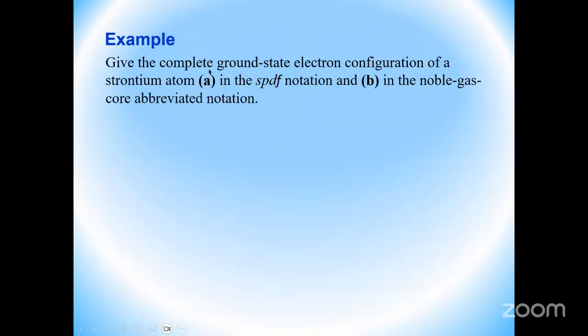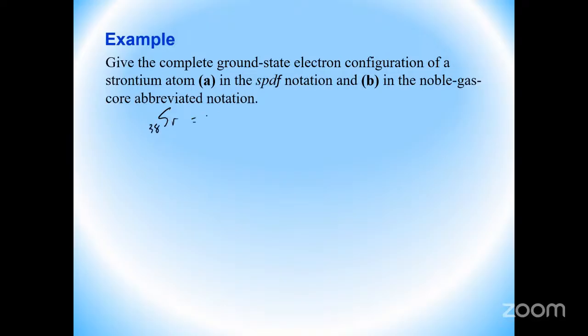So this question is asking, give the complete ground state configuration for strontium. And you're going to do it in two forms, in the SPDF notation and in the noble gas core abbreviated notation. So again, you consult the periodic table and you look for strontium. Where's strontium? Strontium is there. So that's 38. All right.